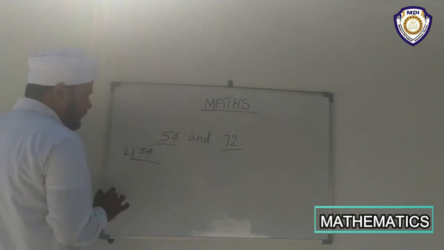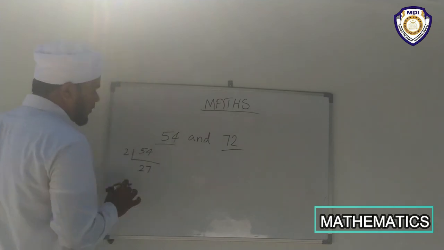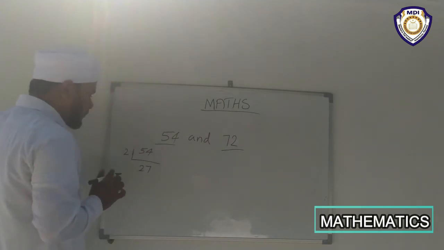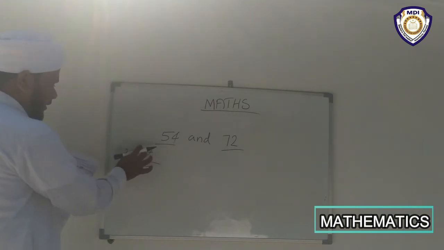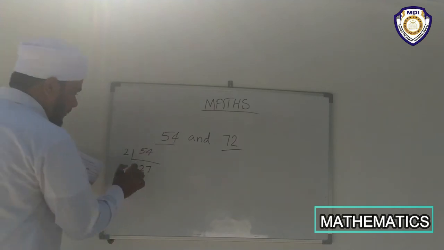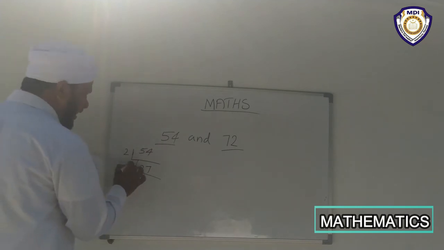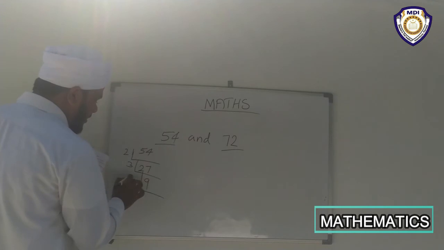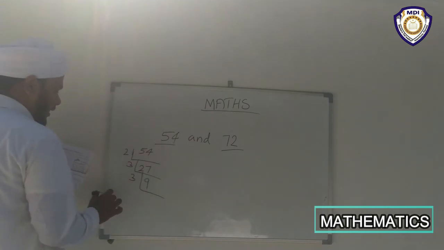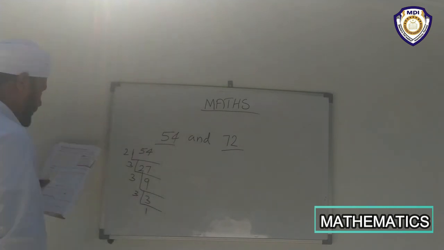Then factorization of 54. This is the division method. We can divide 54 by 2 and get 27. Then we can divide 27 by 3, then 9. 9 can be divided by 3, then we get 3, then 1. This is the factorization.